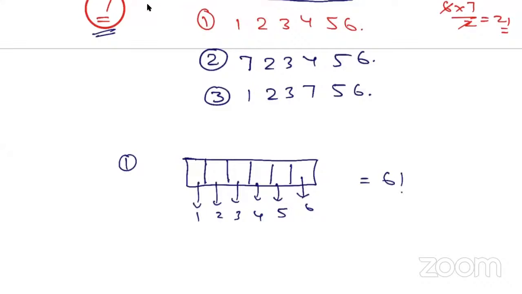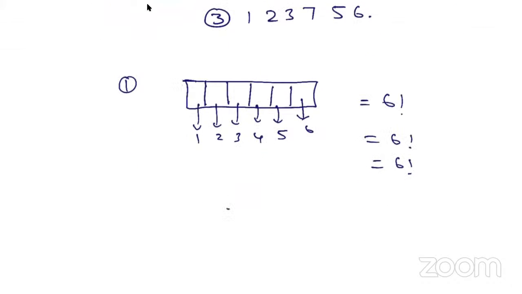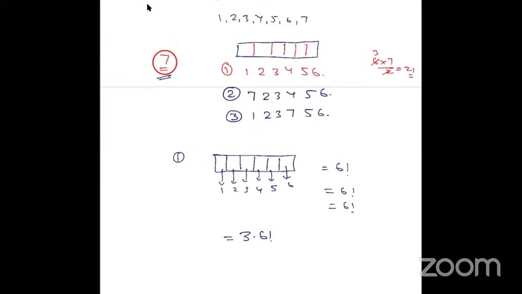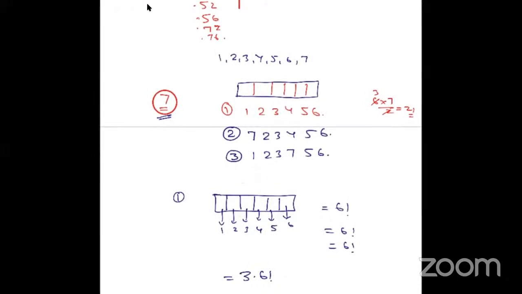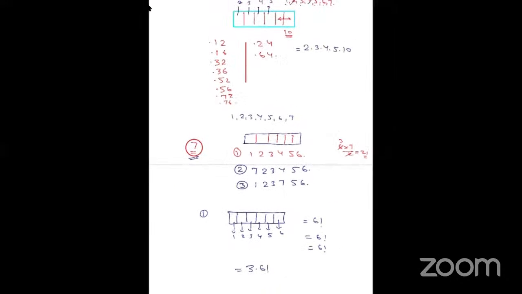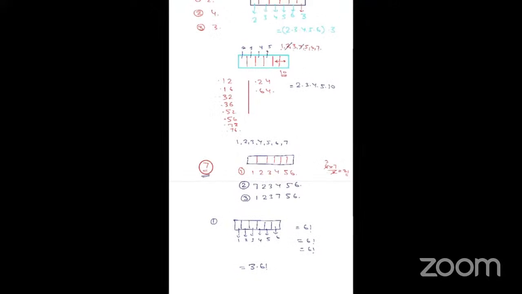For the second case we also get 6 factorial, and for the third also 6 factorial. So we get 3 into 6 factorial, which is 720 into 3. Note it down, please. This is a very, very, very important question, so please note it down carefully, and 4 also and 3 also.